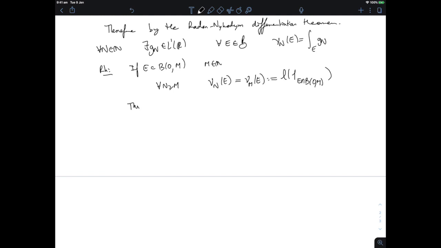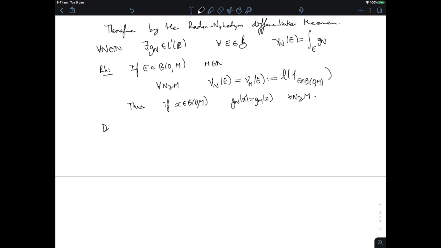So what have we learned from that? We've learned that if x is in B0m, then Gn of x is Gm of x for all n greater or equal to m. Right, so this sequence of functions Gn for any point x eventually stabilizes.